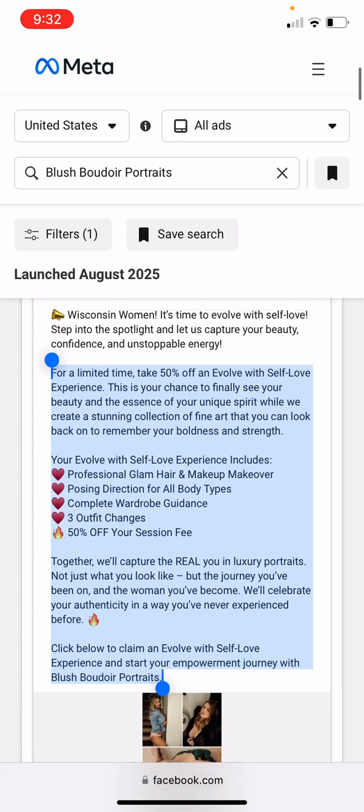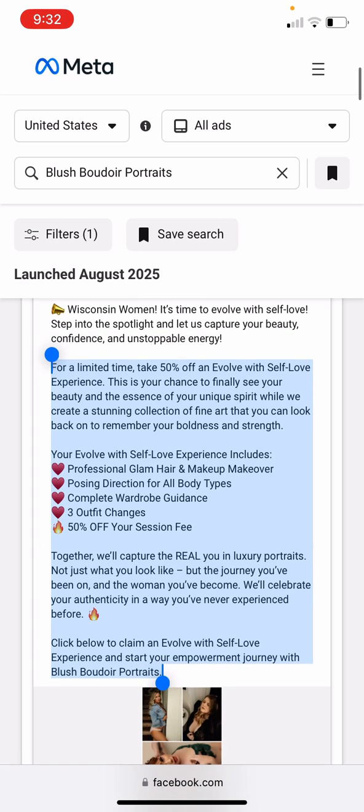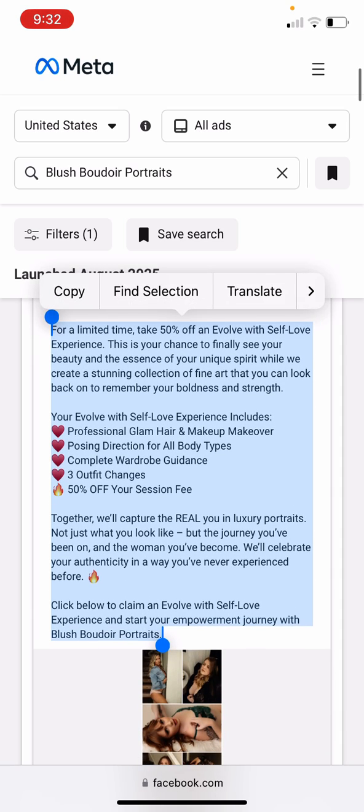Conversions happen when the body copy matches the see more headline. So you got beauty there, but you're missing confidence and unstoppable energy. All right, so we got full offer, so we got 50% off. Glam hair makeup makeover, posing directions. Okay. Hey, maybe that could be a hesitation or roadblock for the see more headline.